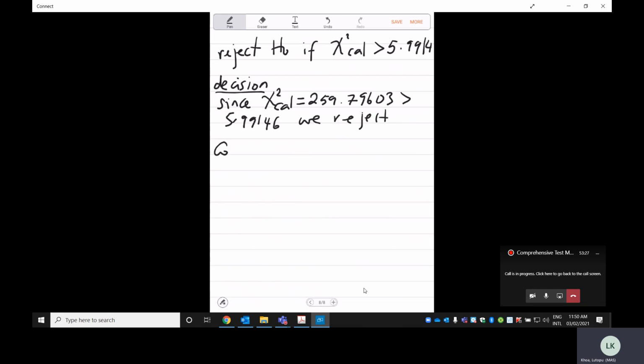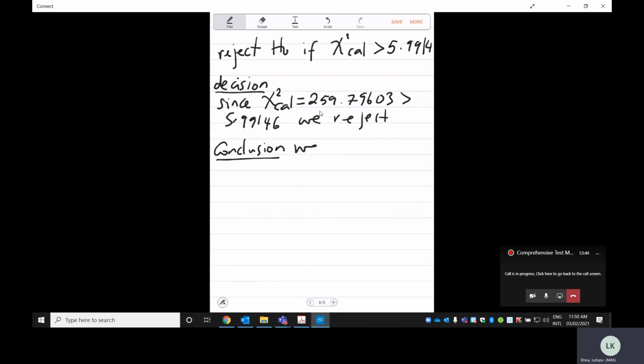And then you make a conclusion. Your conclusion is just stating in words the decision that you have made. So we reject H naught. What does that mean, and at what level of significance?